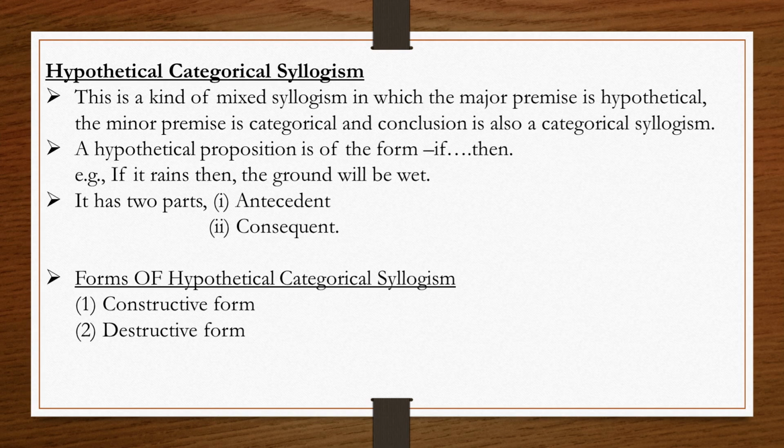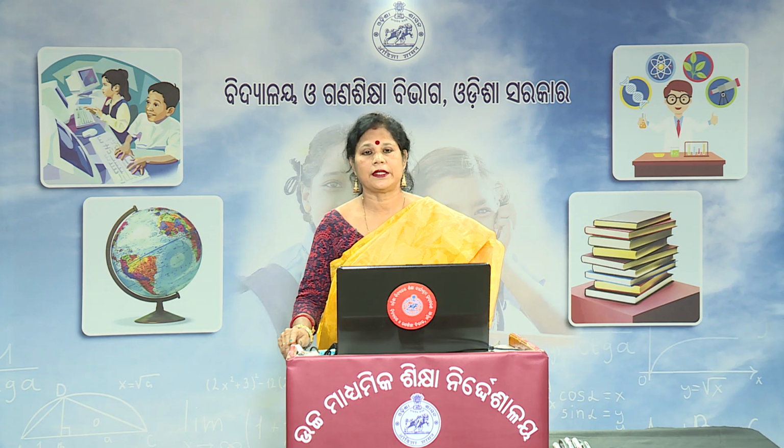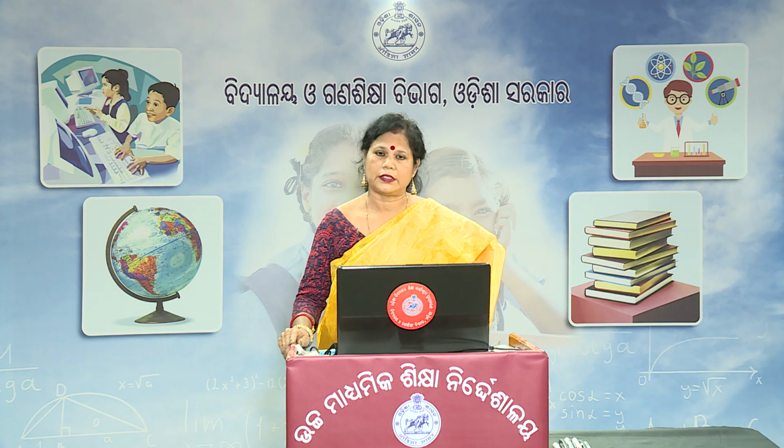Antecedent is that which contains the condition and consequent follows from the condition. Antecedent comes first, it is prior and consequent follows. Consequent comes next, it is posterior. Consequent says what will happen if the antecedent is fulfilled.